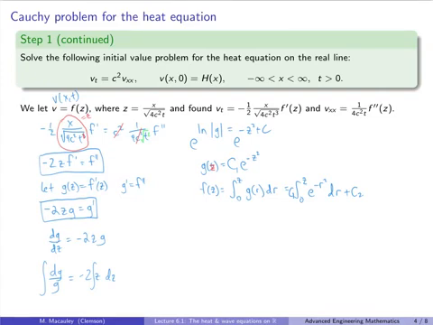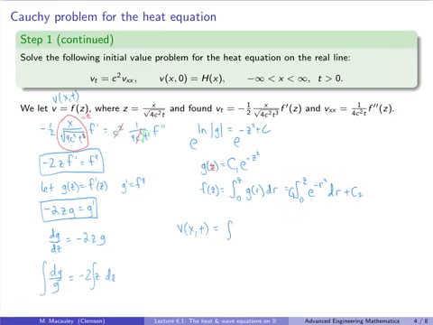Let's just remember what z is, and let's plug z back into here. So v of x and t is just the same function, and it's the same thing here, but for z we're going to put in this.